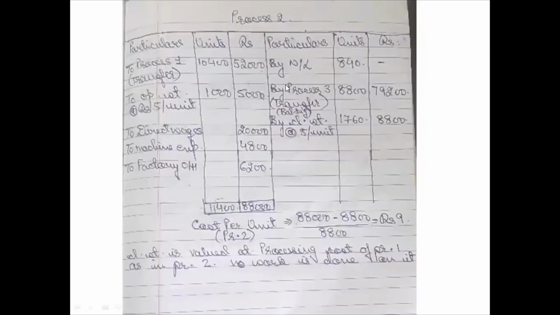So in process 2, we have written that we have an opening stock of process 1. These are the unprocessed units which were introduced in this particular process. So the opening stock units are going to be valued at rupee 5.